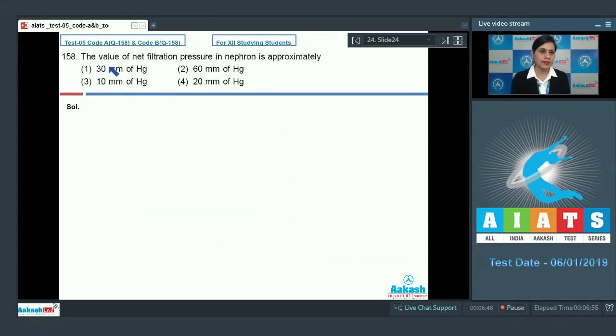Question number 158. The value of net filtration pressure in nephron is approximately.